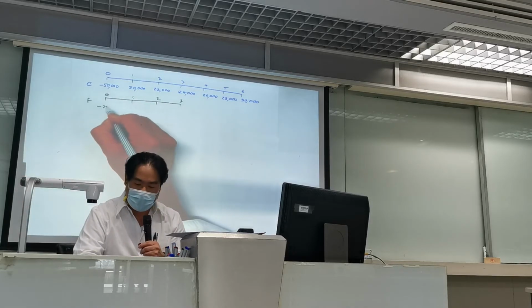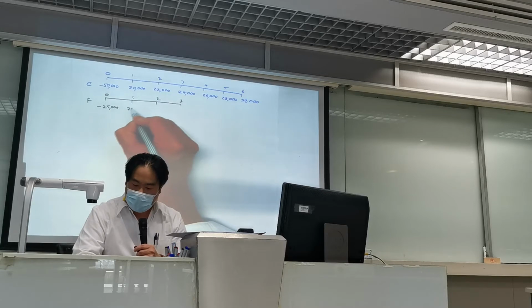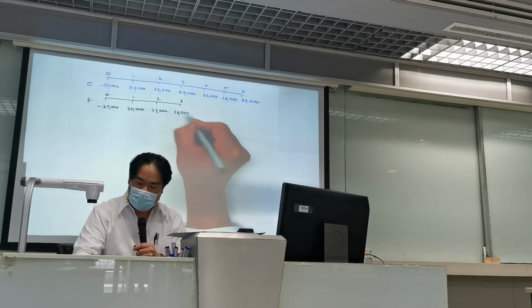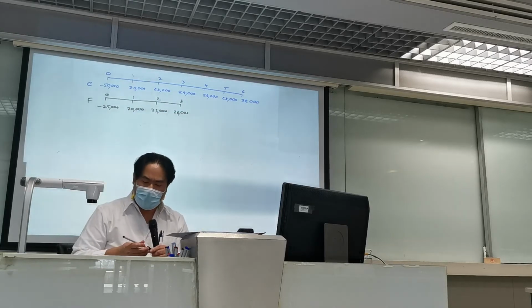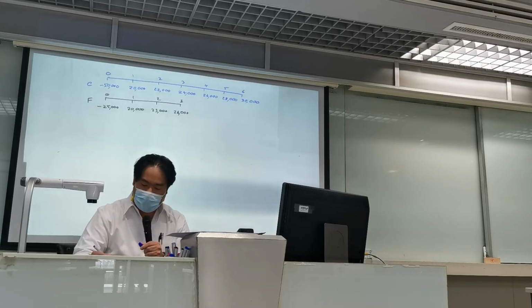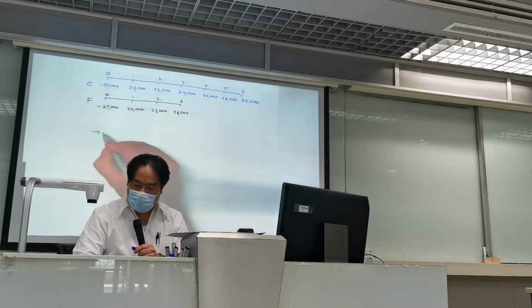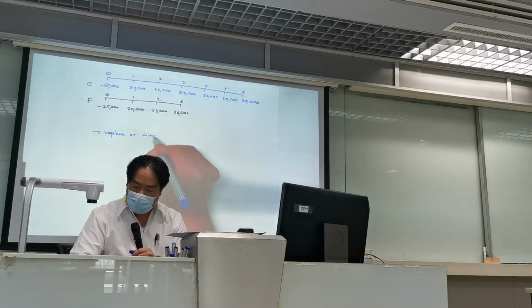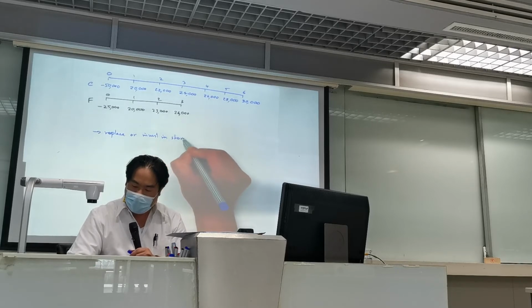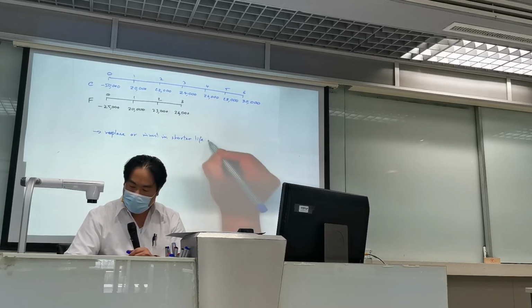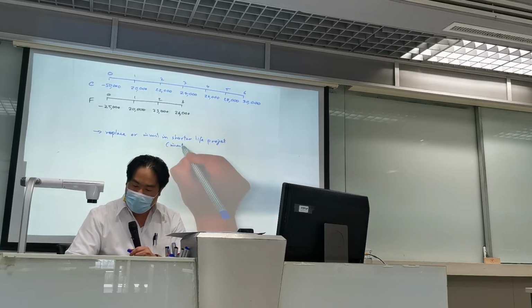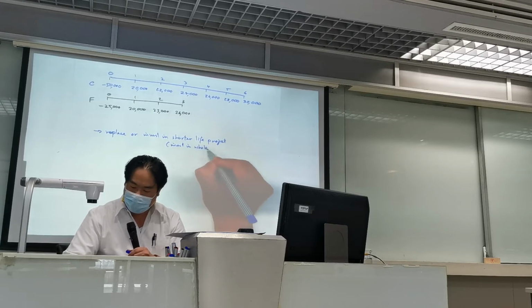So we invest 25,000, and we get 20,000, 23,000, and 26,000 like this. This is the forklift. For the replacement chain method, what we will do is that first, we are going to replace or invest in the shorter life project.